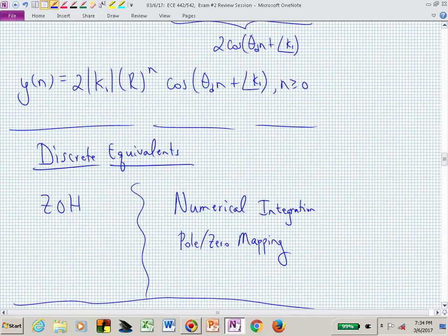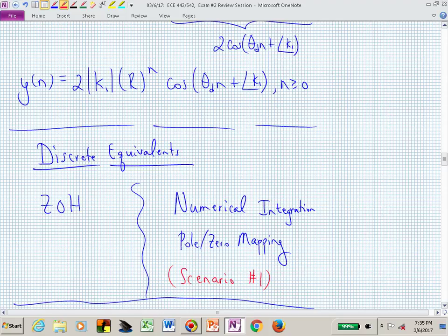Then we moved into discrete equivalents, where we sort of had 2 different scenarios. The right-hand side did not involve some hold device preceding our analog system. That was scenario number 1, and we talked about numerical integration, and we talked about pole zero mapping.